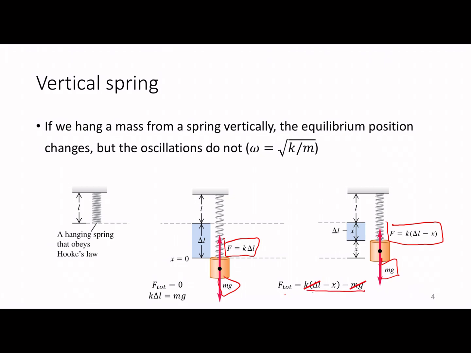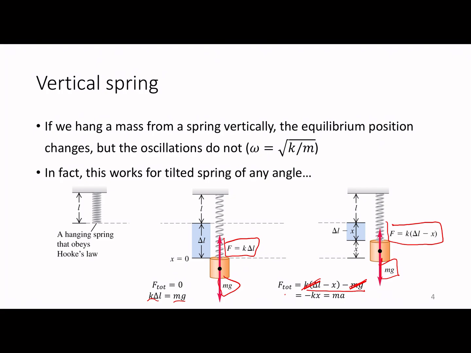And that, of course, by Newton's laws, is just mass times acceleration. But notice that k delta L was equal to mg. So this k delta L and this mg cancel each other. And lo and behold, the total force is just negative k times this additional displacement x, which is mass times acceleration. So that's exactly the same equation that I had for a horizontal spring. And therefore, the angular frequency of the oscillations does not change. In fact, all of the oscillations do not change.